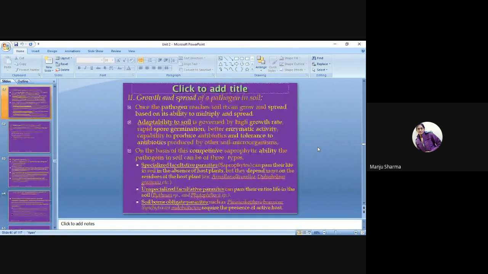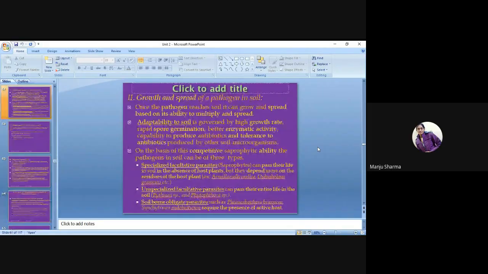Second is growth and spread of a pathogen in soil. So once the pathogen reaches soil, it can grow and spread based on its ability to multiply and spread.